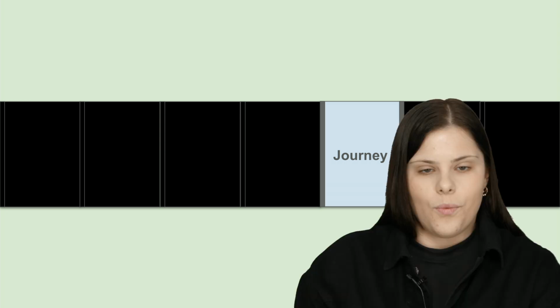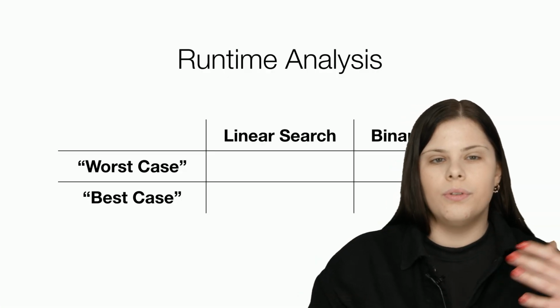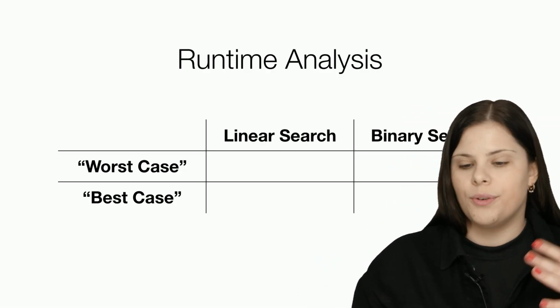Is J before M or after M? It is before, so now I know that I need to look to the left of the current book, and thus I see Journey. So we've considered 2 algorithms: linear search and binary search.